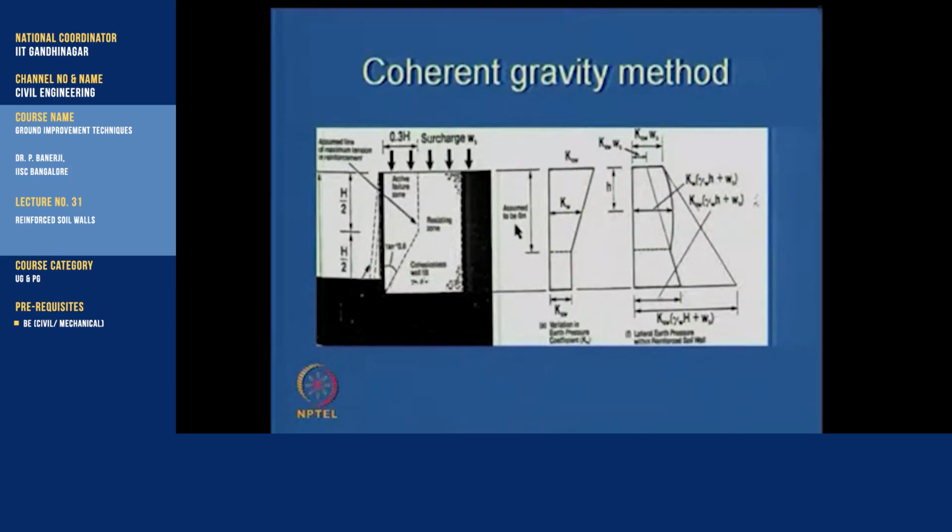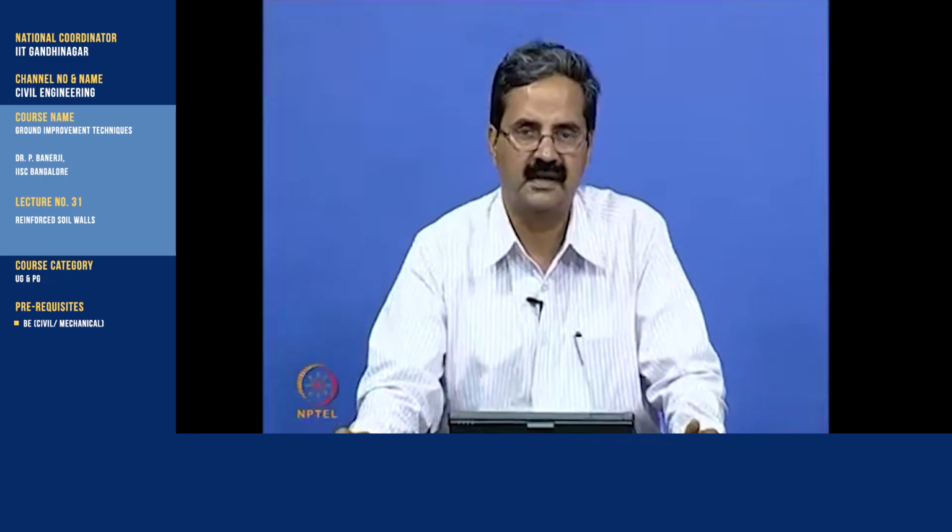If you are measuring small height retaining walls, like 3 or 4 meters, the pressure will be K naught, as I have measured. In fact, in one of the cases in Delhi, it was about 7 or 8 meters, and I was measuring with depth at some points. The earth pressure was K naught. We had measurements using a diaphragm and all that. There is a method of measuring earth pressures.